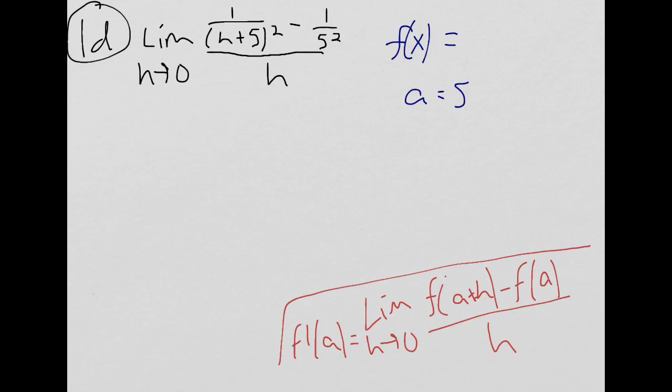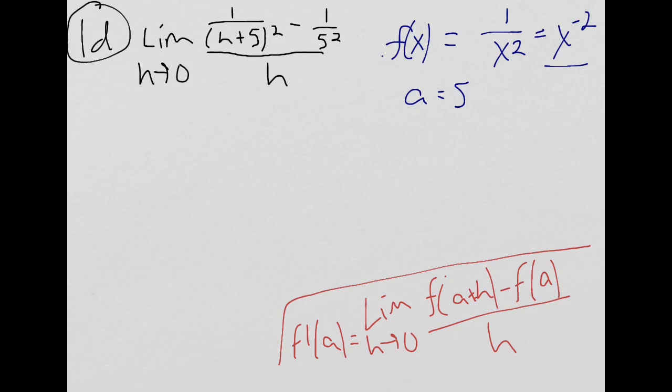And if a is 5, then you should see that I've got h plus a squared in the bottom and a squared here, so that lines up with f of x being 1 over x squared. So all I have to do, and I'm going to rewrite that as x to the negative 2, is really similar to part C.